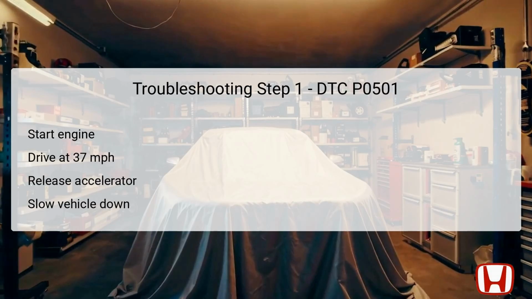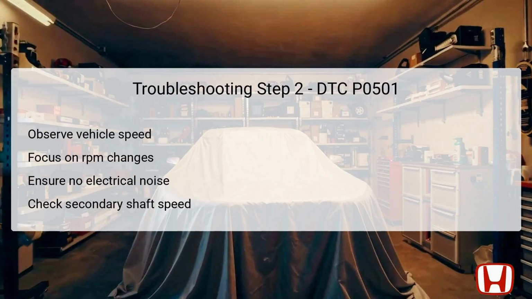This step is crucial as it simulates a typical driving condition where the TCM would rely heavily on the CVT speed sensor for accuracy. Following this procedure allows for observing the system under various speeds, providing vital information about the functioning of the sensor and TCM. Traffic regulations and environmental considerations must always be adhered to during this process.